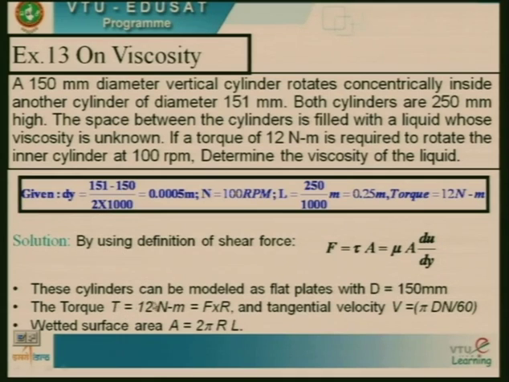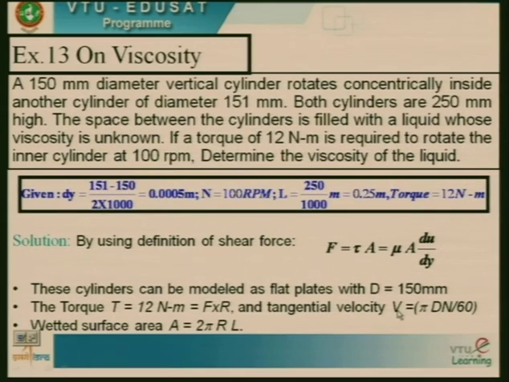Torque is 12 Newton meter, which is equal to shear force into radius, F into R, and tangential velocity V is given by the formula pi d n by 60. He has not given you the velocity like the previous case, where the plate moves with a velocity of 1 meter per second or 0.75 meter per second. It is not the case, it is rotating.